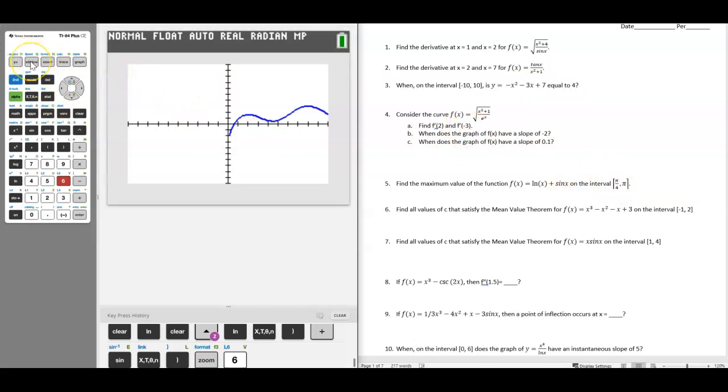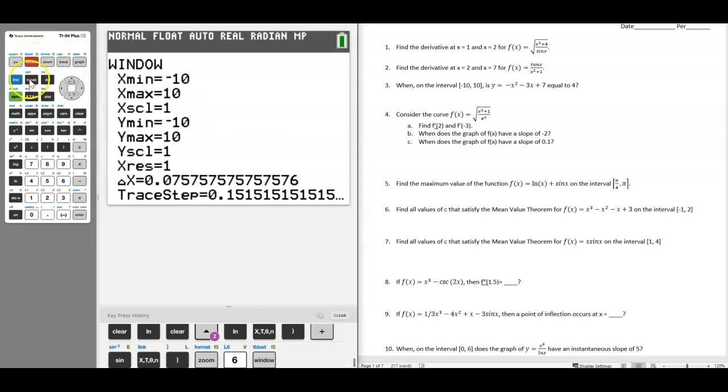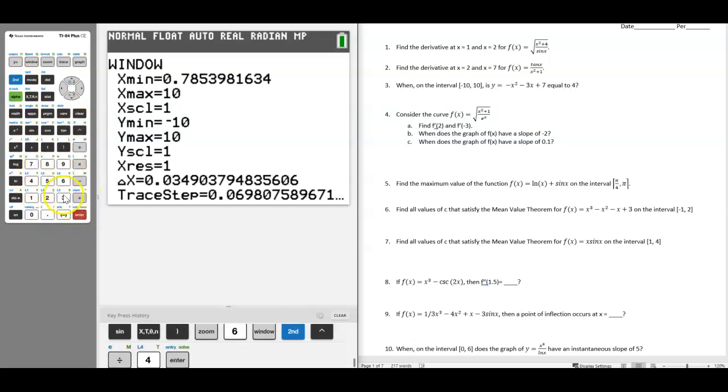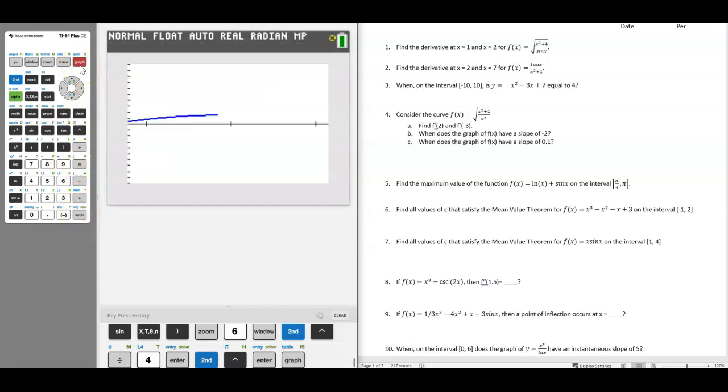So I'm going to go over here to window, and I'm going to say second pi over 4 for my x min, and then I'm going to put pi in as my x max. Now when I hit graph, it's going to go and graph it.